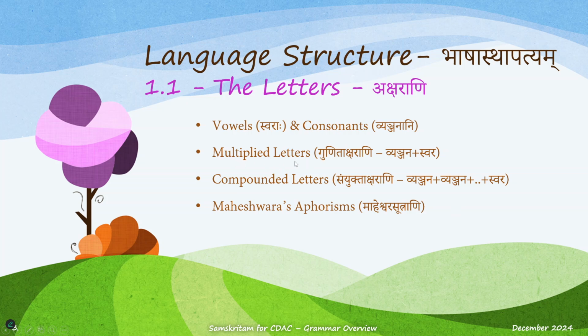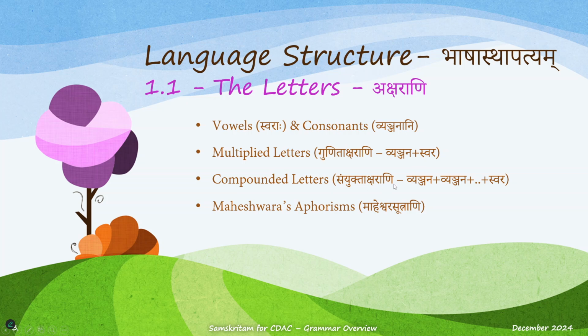Technically I don't have a name in English, so I'm calling it multiplied letters, going with Gunita being multiplication. Gunita here means counted aksharas, that means we count them with this combination, like ka, kha, ga, gha, nga. Everything has akara, so a counting sense is involved, or even kaka, kiki, kuku, like that. Anyway, we'll see that.